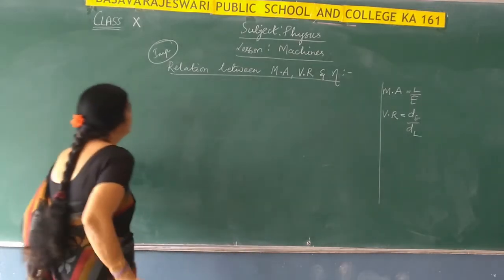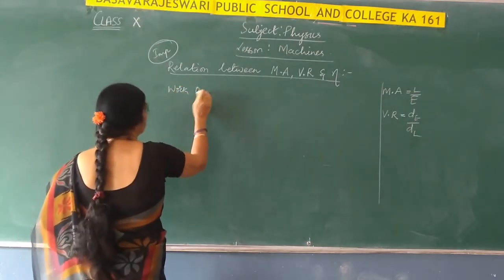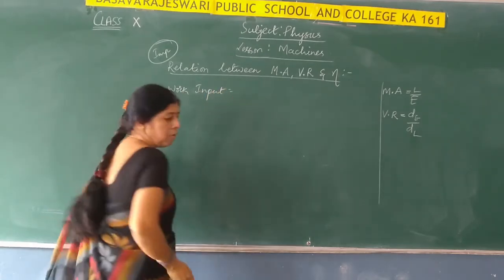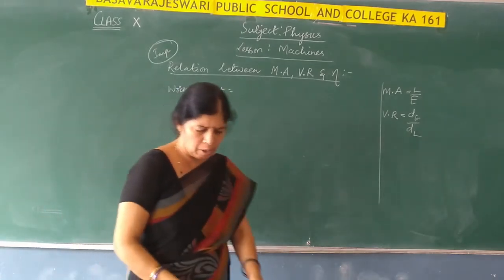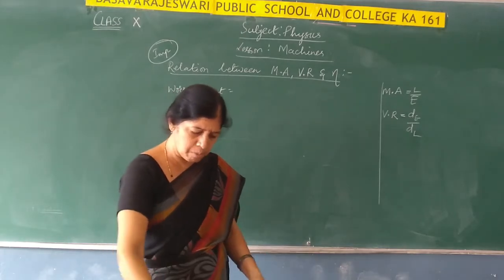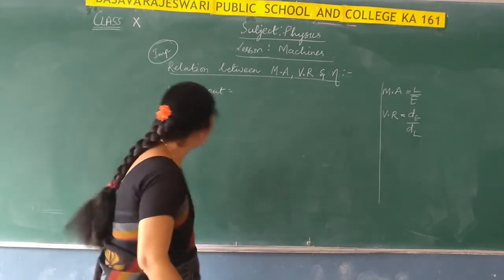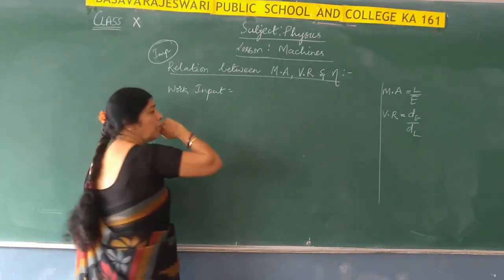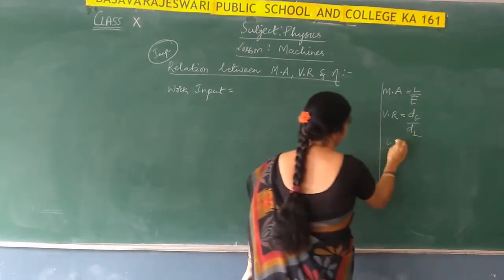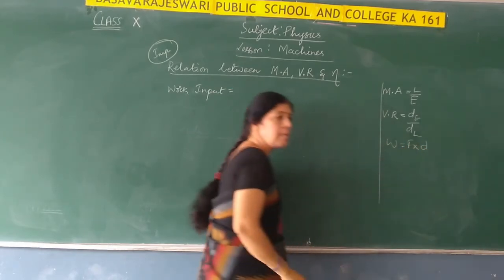Now coming to work input and work output, we shall take work input first. Work input will be equal to how much? Even in your textbook he has given the derivation, right? Work input is equal to work. What is the formula? It is force into displacement. Right?